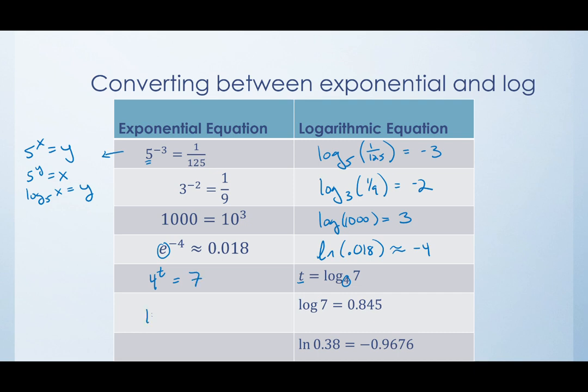This one has a base 10, log of 7 equals that, so 10 to the 0.845 equals 7. And the last one, ln, so this will be e to the negative 0.9676 equals 0.38, and that's probably an approximation. Okay, so those, you want to be fluent with switching back and forth.